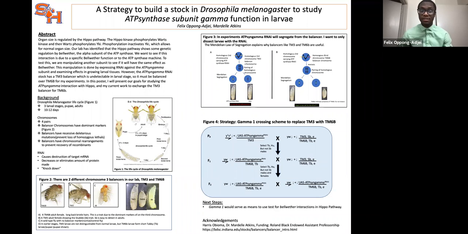ATP synthase gamma RNAi is homozygous lethal. Having both recessive alleles of ATP synthase gamma RNAi on a chromosome would essentially be lethal, so that gene would die off in the genetic population. To counter that, we complement a balancer along with a mutant gene, so that where the mutant gene is defective, the balancer will complement that part, and vice versa.